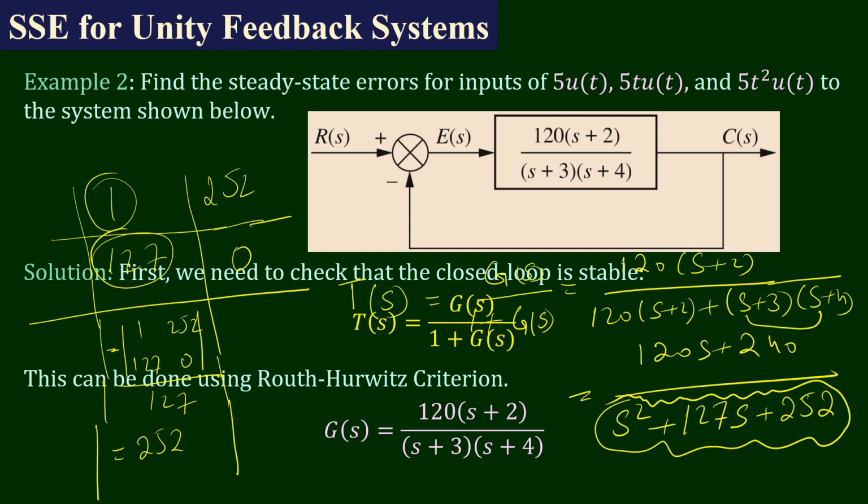So definitely this is positive, this is positive, this is positive. This means this closed loop is a stable closed loop system. So we can consider now that for the first one, for 5 u(t), there will be a constant value of the steady state error, and for the other two, the steady state error will diverge.